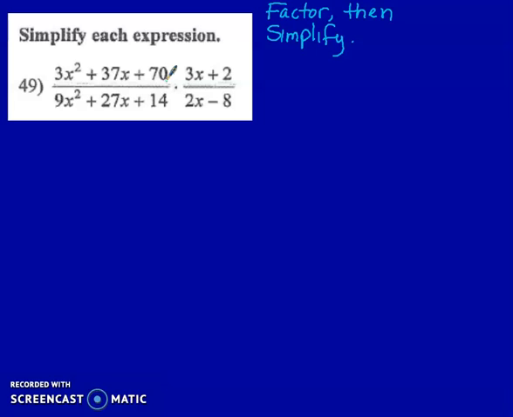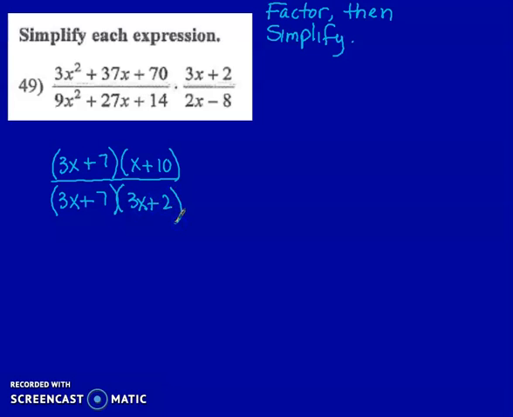But this first one factors as 3x plus 7 and x plus 10, and that's going to be the numerator, this piece up top. And then factoring the denominator, similarly, you're going to be able to factor that into 3x plus 7 and 3x plus 2. Go ahead and use your factoring know-how to factor those.